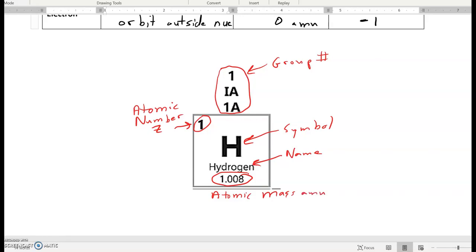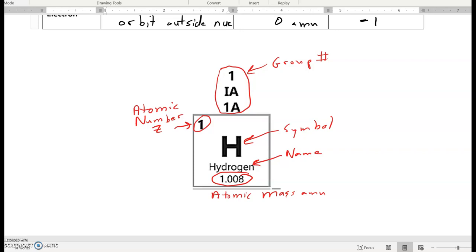Now these numbers may be in different places on a periodic table. There are different arrangements. The larger number is always going to be atomic mass. The smaller number will be atomic number. And the atomic number is always a whole number, not a fractional. That's because this atomic number is the unique identifier for an element. It tells us the identity of the element.